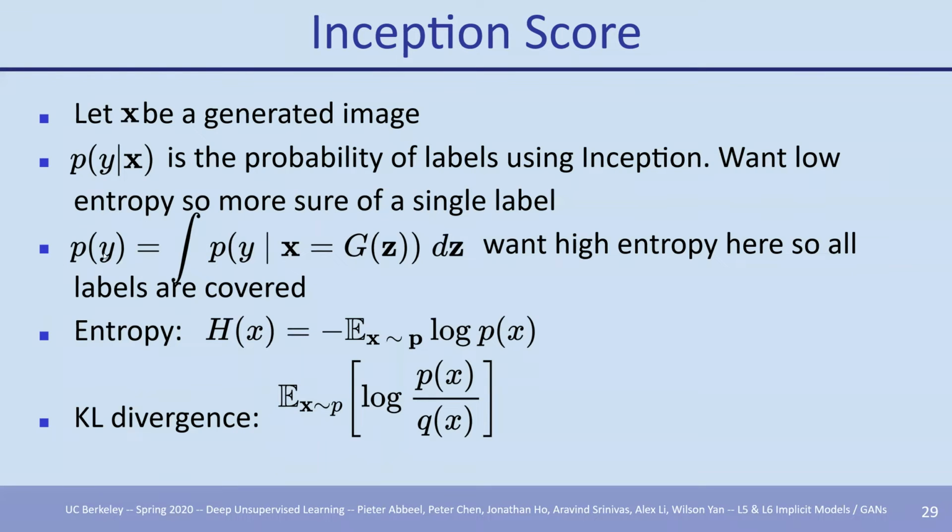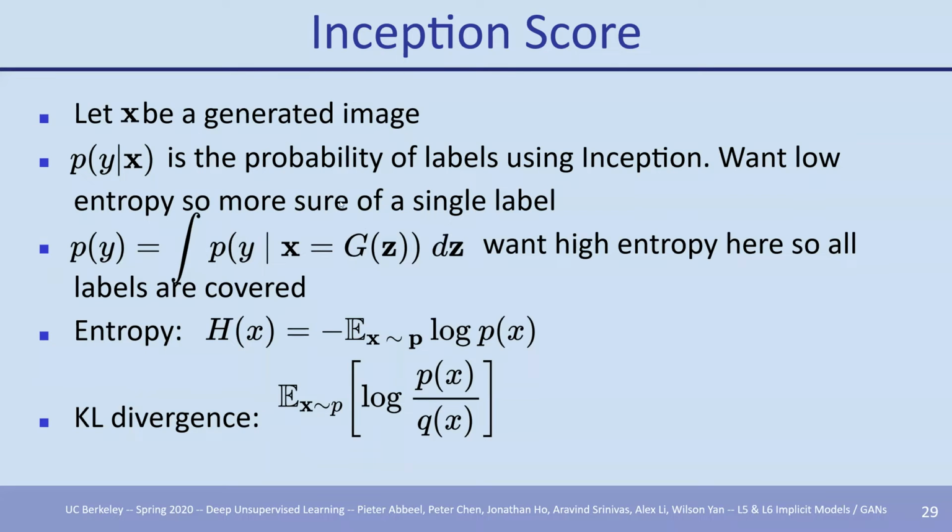And also p(y): this is us saying let's go over all of the latent space and generate everything in the latent space, then get the classification label for everything, and sum it all up. That is our vector. Then we want high entropy here, so all the labels are covered.